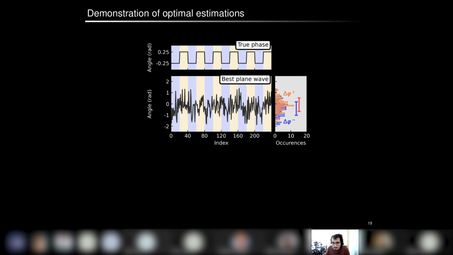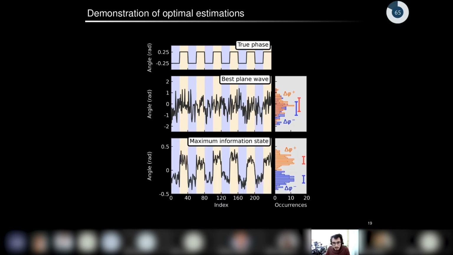And if you remember, I told you that the Cramér-Rao bound was 0.7 for this plane wave. So 0.7 is larger than this difference, which is actually why you don't see anything. And with the best state, as I told you, you gain one order of magnitude in the Cramér-Rao bound. So basically, you reduce the standard error of these fluctuations by an order of magnitude, which allows you to resolve very clearly the phase steps.